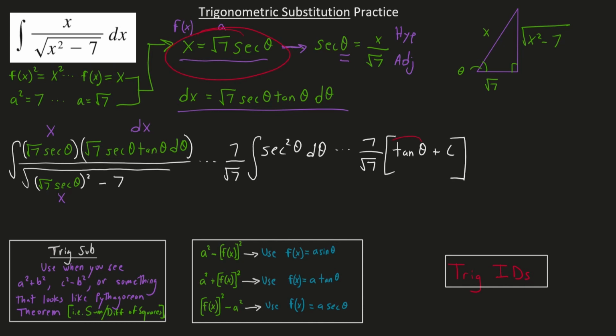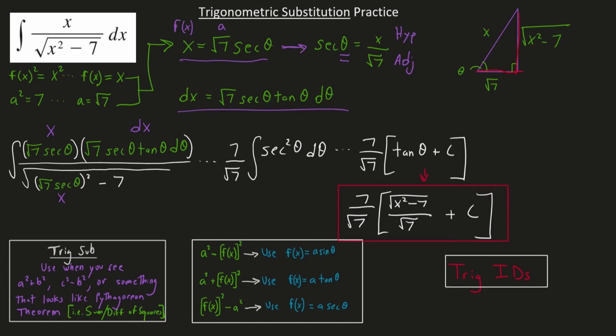This is a tangent, so I know I gotta use my triangle here to help me out. We'll never forget, tangent of an angle is the opposite over the adjacent of that angle. So I just took that tangent and turned it into opposite over adjacent. And there we go, that's that.